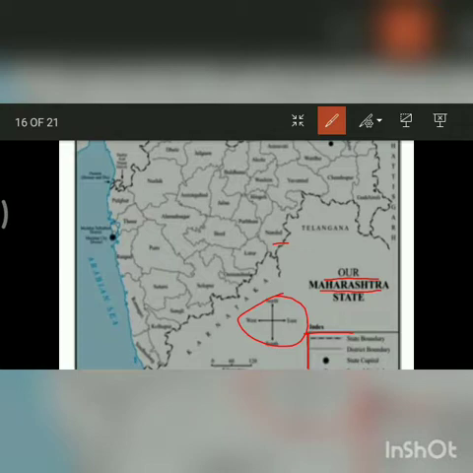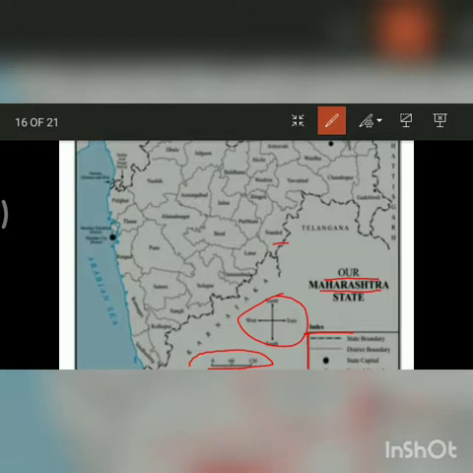With the help of this we are able to find out which place lies in which direction or subdirection. The last is the scale. The scale is given to measure the distance between two places.